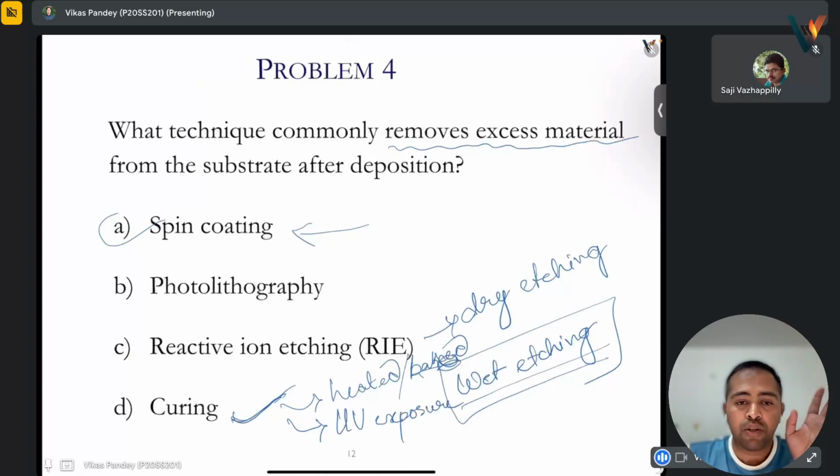These are the two processes of curing. Curing means stabilizing the film, or you can say drying the film in a simple sense. Fine. So the correct answer for this will be reactive ion etching.